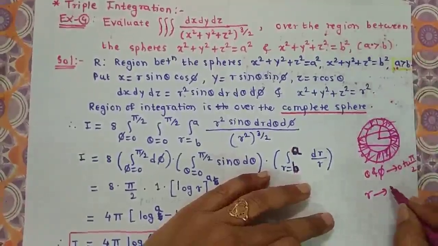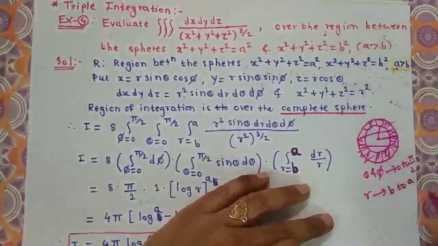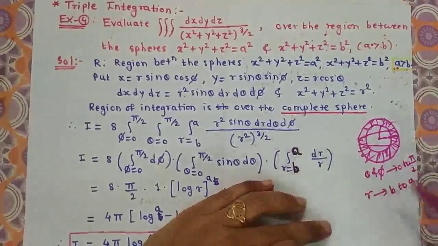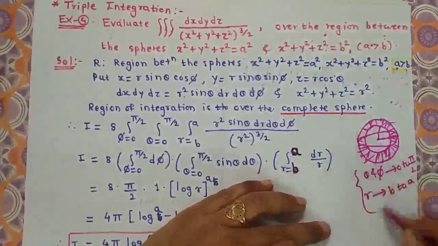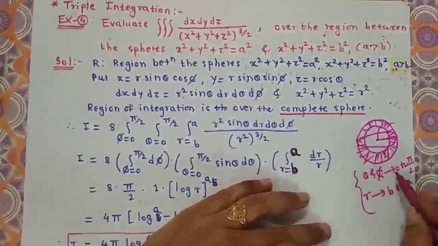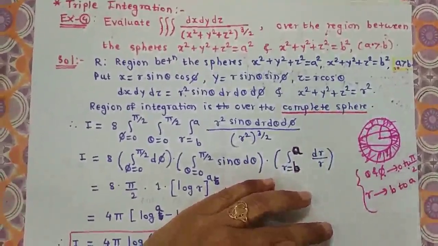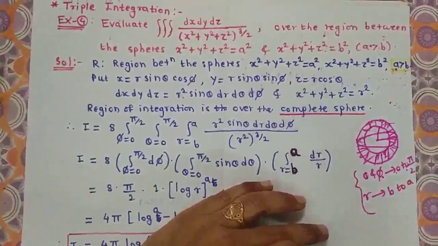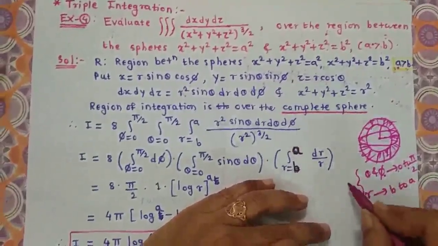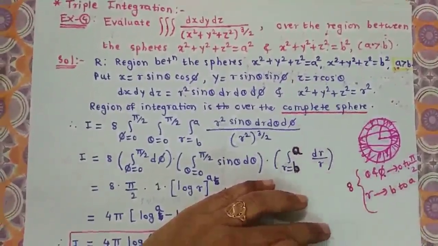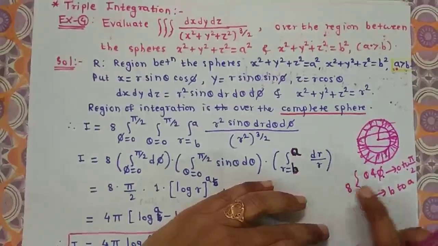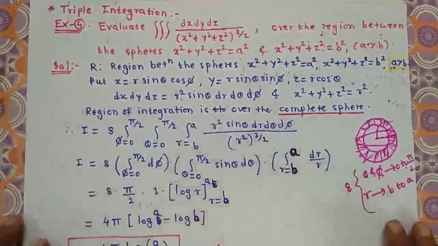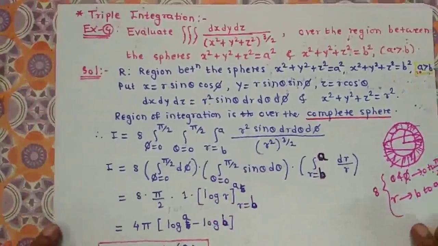So r varies from b to a. Theta and phi vary from 0 to pi by 2. This is only for the positive octant of the sphere, right? But our region of integration is the complete sphere. That's why we take the triple integration 8 times. You understand this?